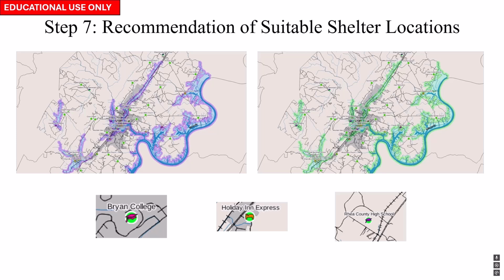The Holiday Inn, I also thought might be a fairly large location to shelter at, although it might be harder to get a hotel to allow mass sheltering of those affected during a flood. I'm not really sure what organizations would take people in. The Holiday Inn might be less likely than the college or the high school.